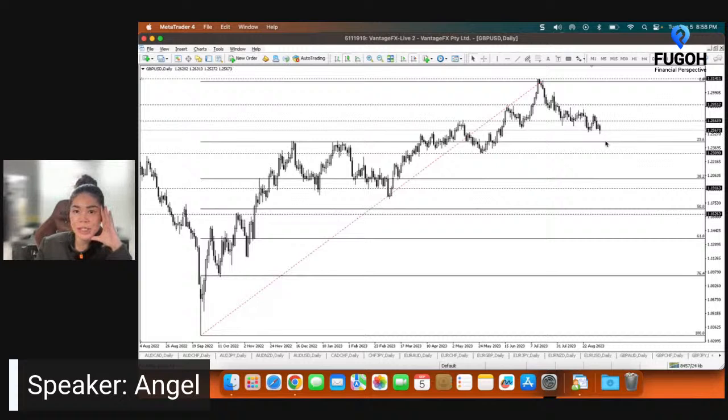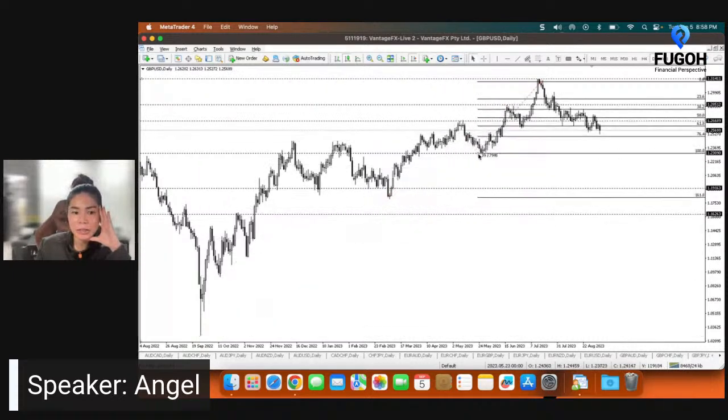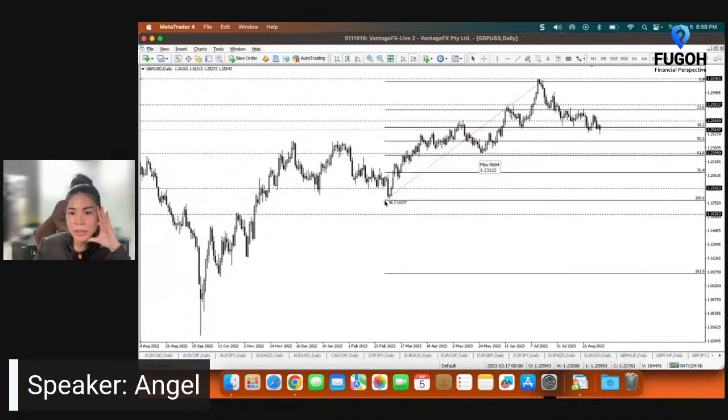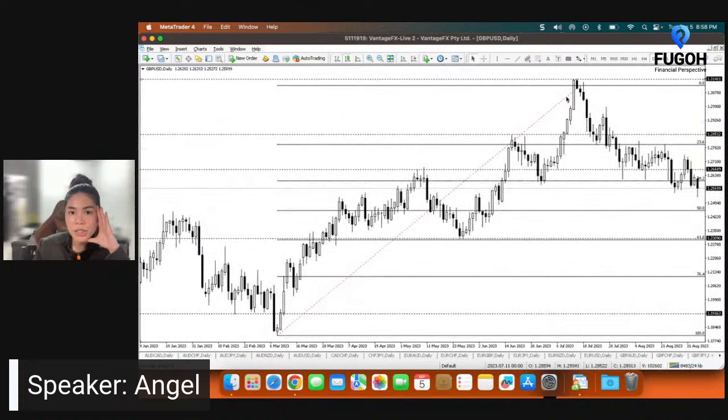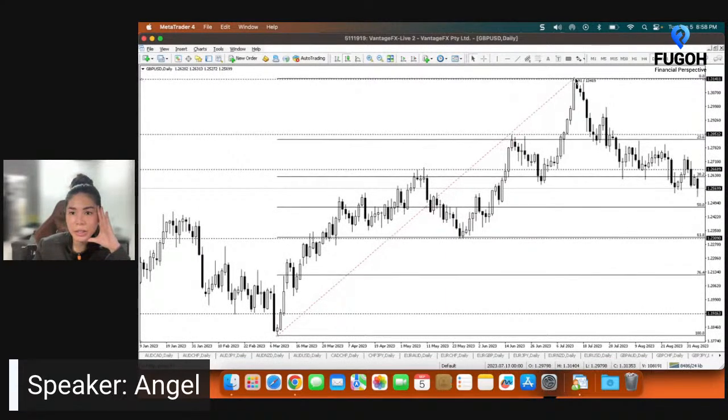So in the long term, in the medium term, it's still an uptrend because our 50 level is here. But it's too far. Let me just use this other one because the earlier one is too far.